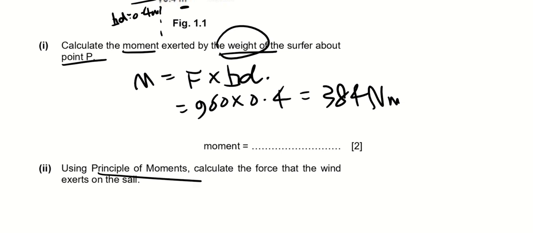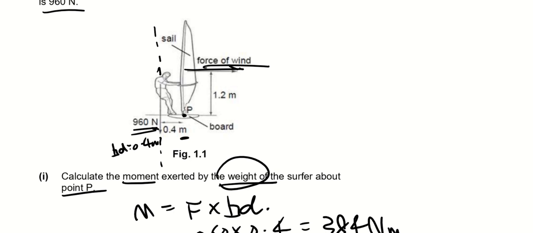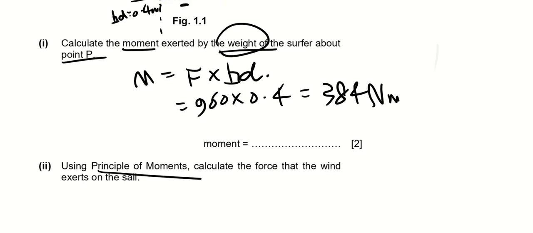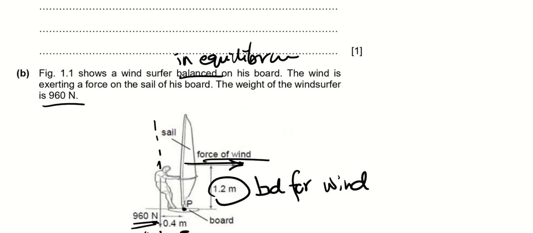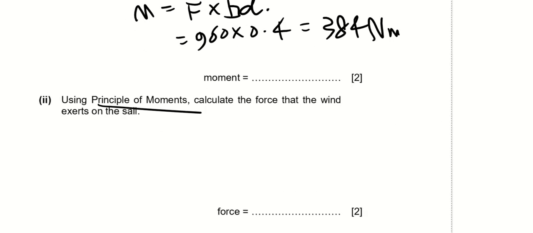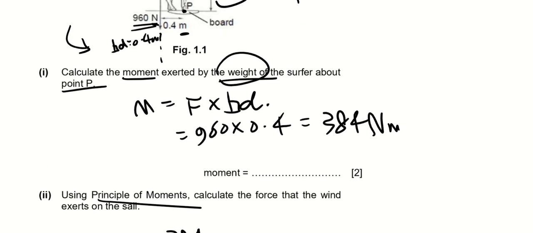Now using principle of moments, calculate the force that the wind exerts on the sail. So this is the force of the wind, and the perpendicular distance for the line of action of the force for wind is 1.2. Since it is balanced, that means I can apply principle of moments. So this 384 is actually in an anti-clockwise direction.